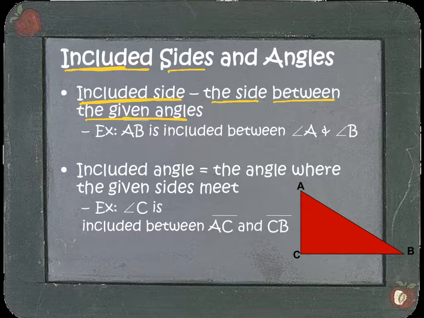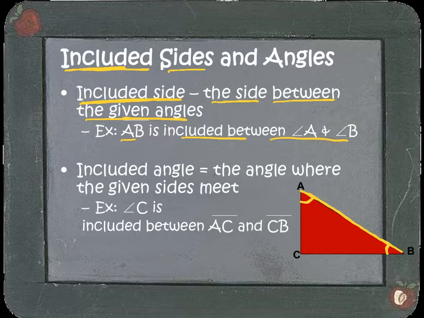For example, side AB is included between A and B. If I connect the dots between those two angles, it is side AB. It's between two angles.